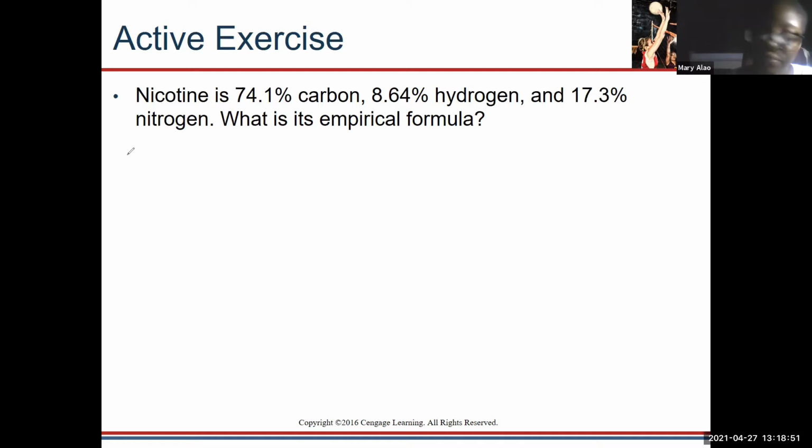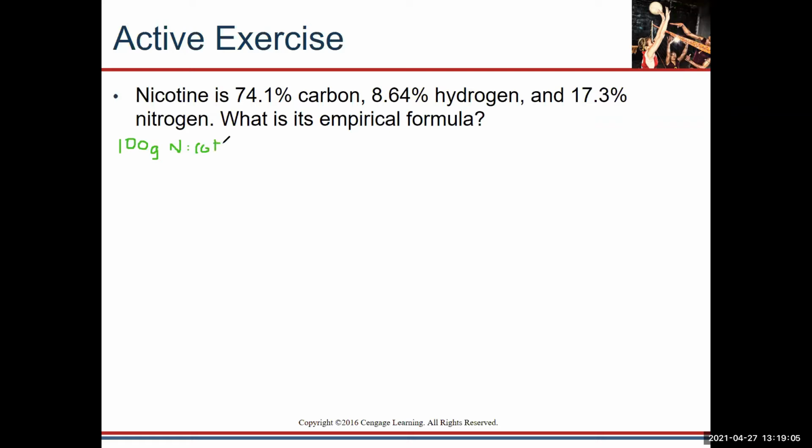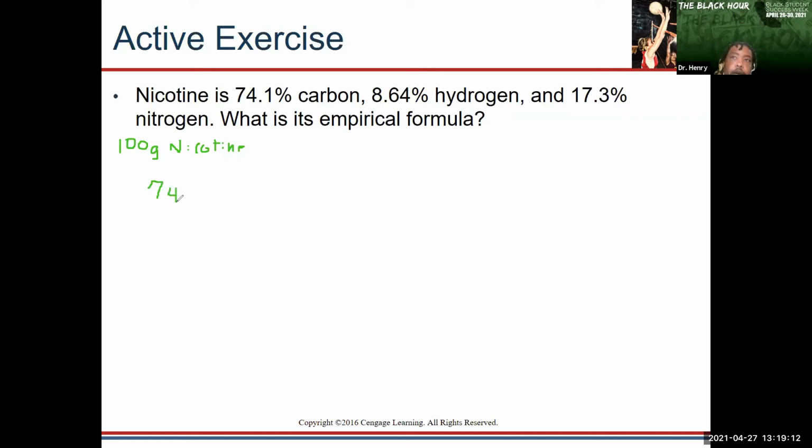So if we make a simple assumption that we have 100 grams of nicotine, then we know how many grams are going to be carbon. 74.1. So that means that 74.1 is going to be carbon.